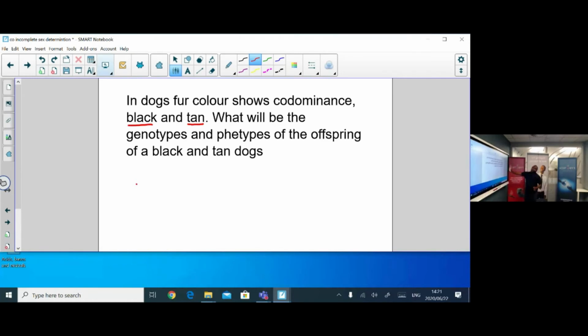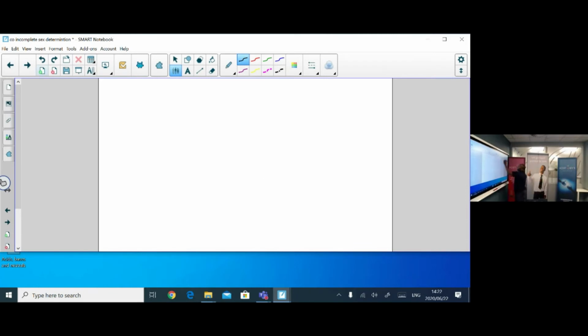Okay, so what do we do? Let's solve this one. Let's choose our letters. Let B represent black and let B represent tan. Remember, we use these letters in grade 12. Next one, parents' phenotypes.